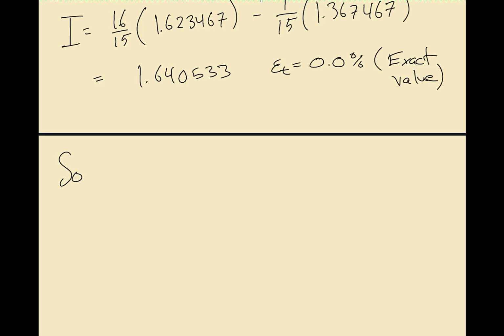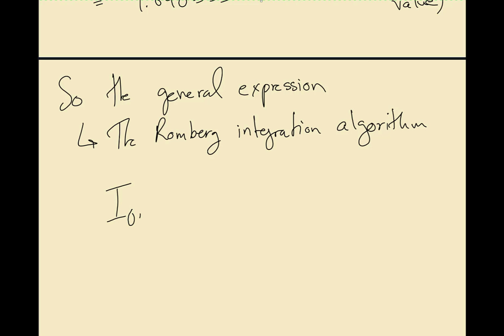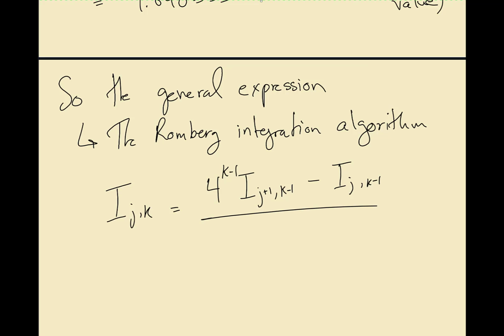So the general expression, which is the Romberg integration algorithm, is going to be I_{j,k} equals 4 to the power of k minus 1, where k is the level of integration, times the more accurate estimate, which is going to be called I_{j+1, k-1}, and minus just the less accurate one, which is just I_{j, k-1}, divided by 4 to the k minus 1 minus 1.